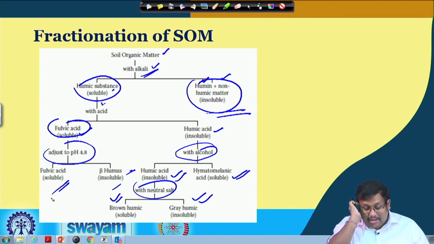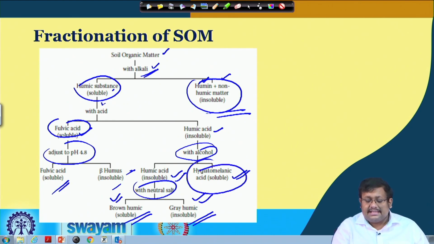In case of humic acid, if we reflux it with alcohol, we will get humic acid, which is insoluble, which we will further treat with neutral salt to get soluble brown humic and also insoluble grey humic fractions, and hematomelanic acid is basically the soluble fraction of humic acid, which gets solubilized after refluxing with alcohol.